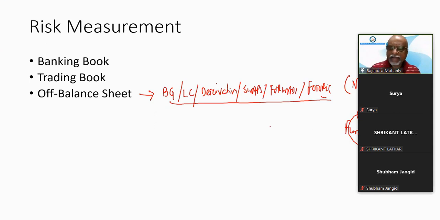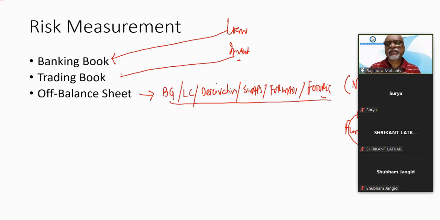So, depending on the type of exposure, when the commitment fails, they either become a loan or an investment. If a loan is created, it will be accounted for in the banking book. If an investment account, say a debit balance, is created, then it may become a trading book.